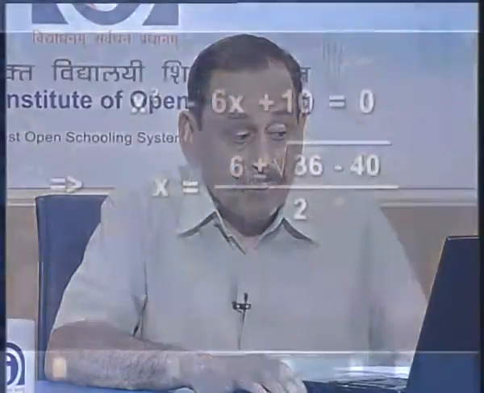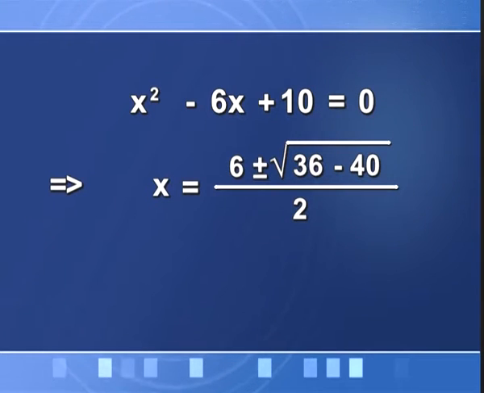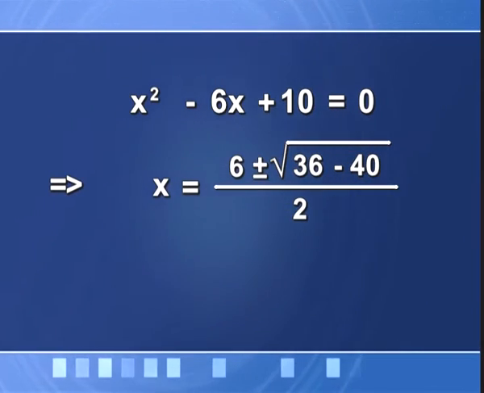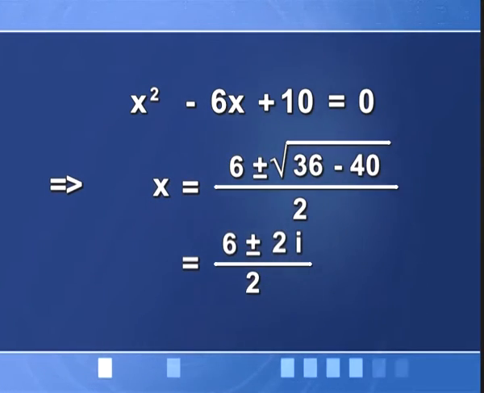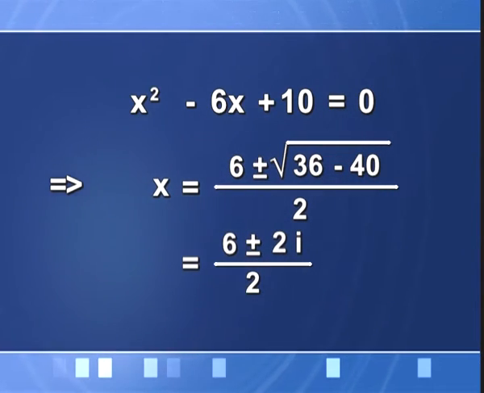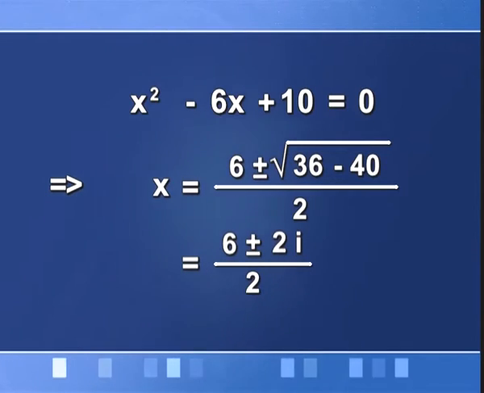So, using that discriminant method, we write down x is equal to 6, minus b means 6, plus minus under root of 36 minus 40 divided by 2. Now, under the square root sign, I get negative 4. Negative 4 means 2 iota.